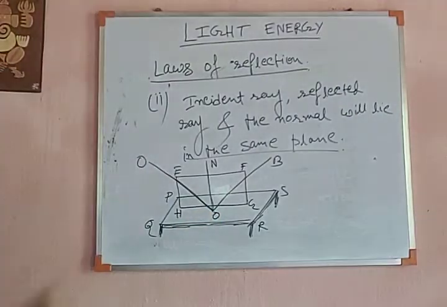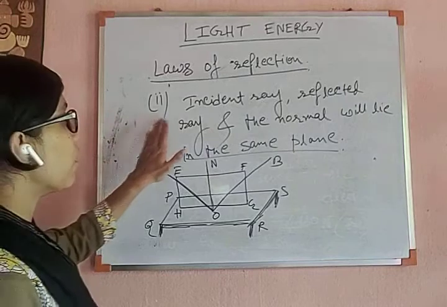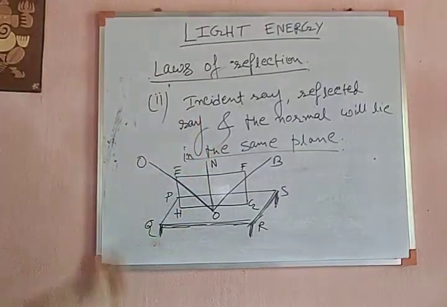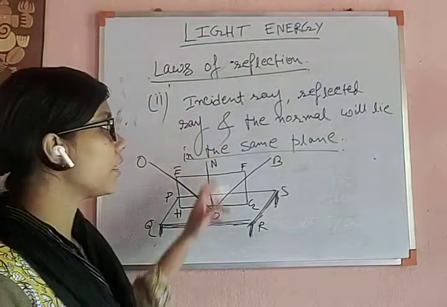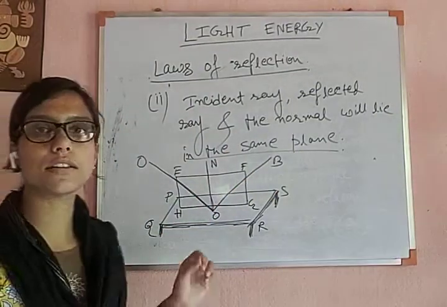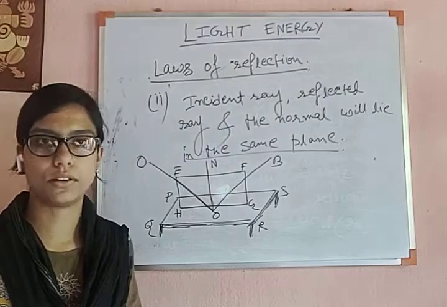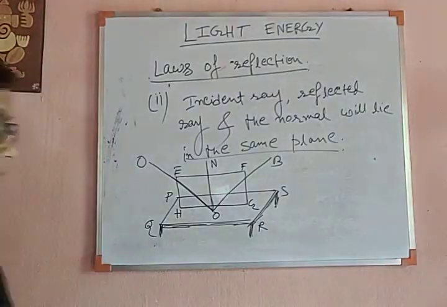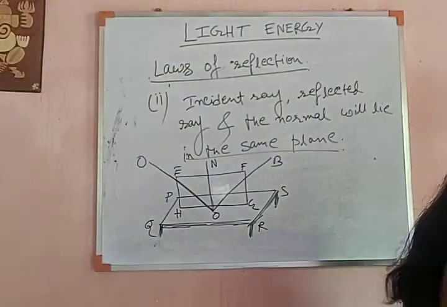So that is the meaning of the second law of reflection: the incident ray, the reflected ray and the normal will lie in the same plane. They will maintain the same plane. The plane should not be different.